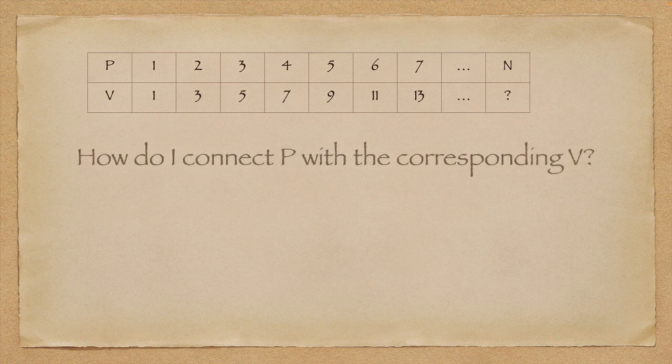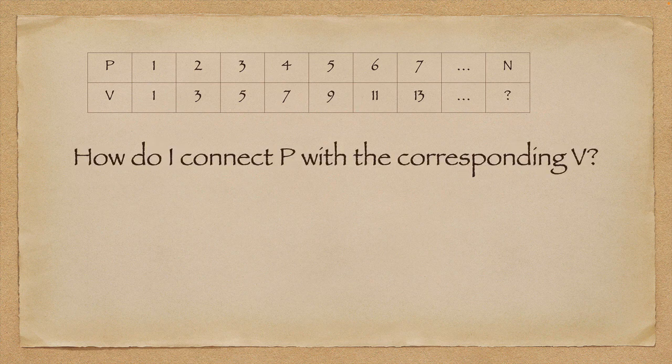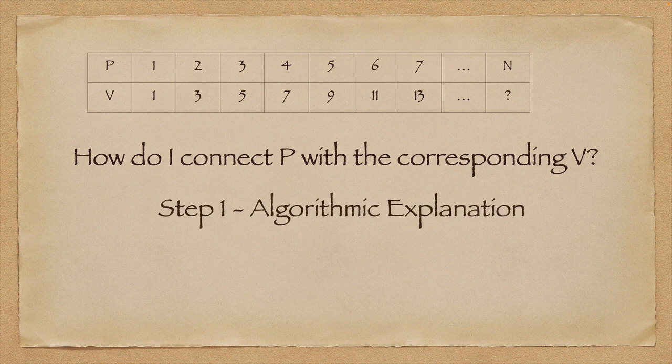So how do I connect P with the corresponding value of V? In other words, if I give you the input of 100 as the position, how do I find out the exact value of the 100th odd number? How do I connect this? And if I can do it for a generic value of n, then what I've arrived at is the pattern formula. So the first step is to always think about how I can explain this algorithmically.